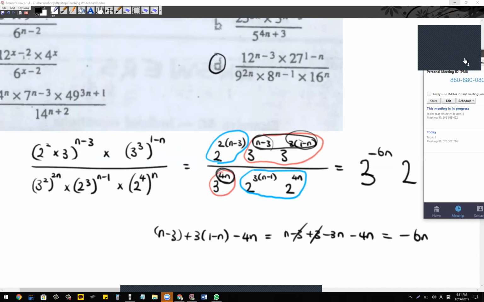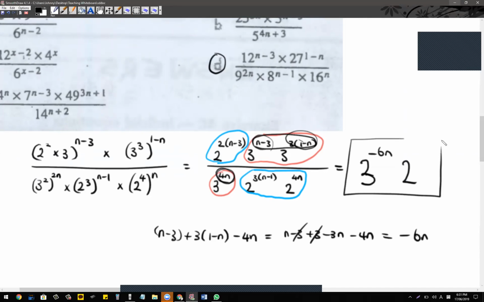Sorry, what are we doing? So we're trying to simplify this one into something like this here. So we simplified 3 to the power of this, 3 to the power of that over 3 to the power of 4n, into 3 to the power of negative 6n.